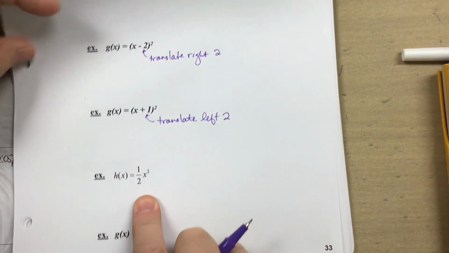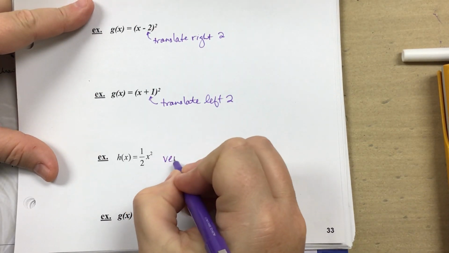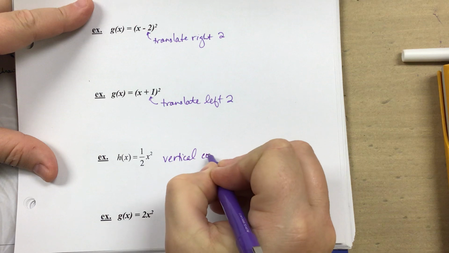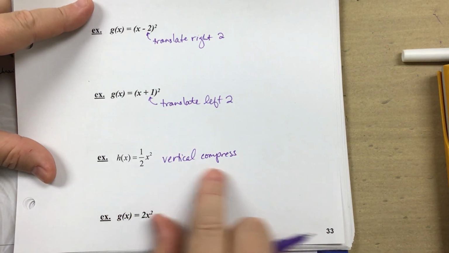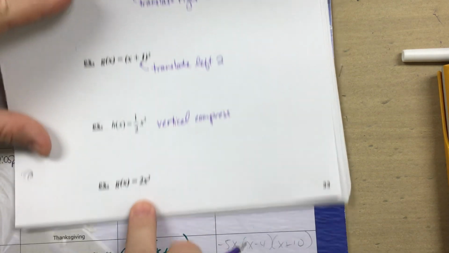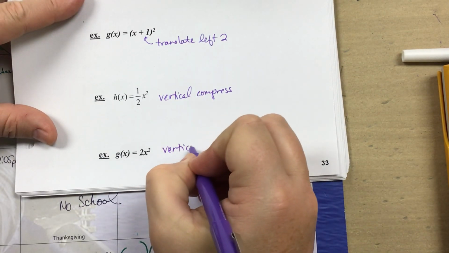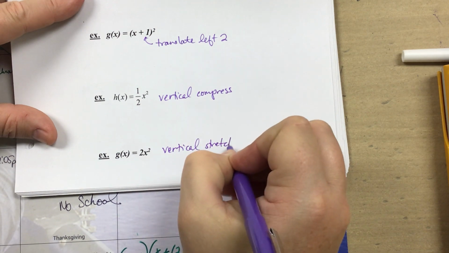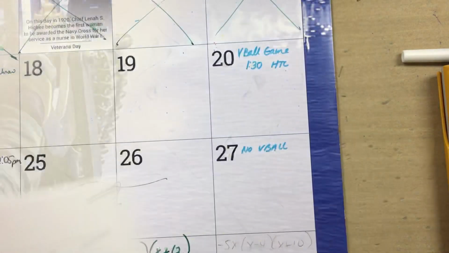So this one we have a 1/2 out in front. This means it's going to be a vertical compress, because if it's a fraction between 0 and 1, it's going to be a compress. Since this one has an a value of 2, instead of a compress, this is a vertical stretch. So we're going to put a few more going on here.